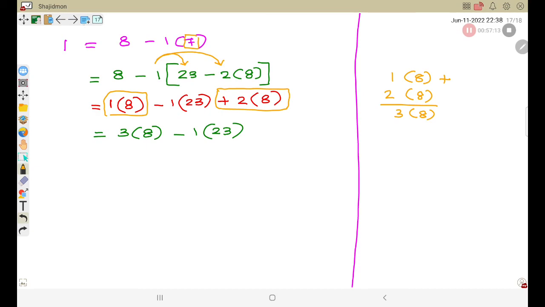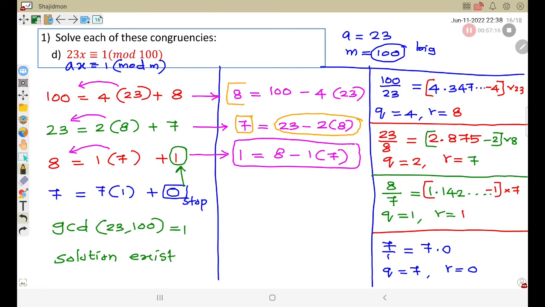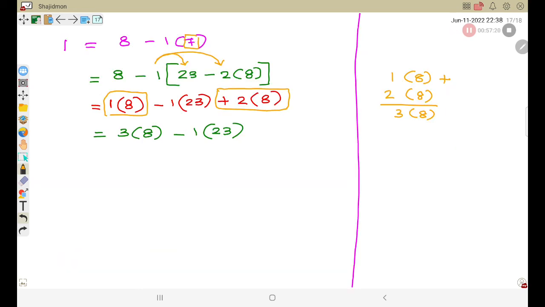Now next number we need to change, number 8 as 100 minus 4 multiply 23. So this 8 we need to change. So we can write equals 3 multiply, instead of 8 we are writing 100 minus 4 multiply 23, minus 1 multiply 23 same.